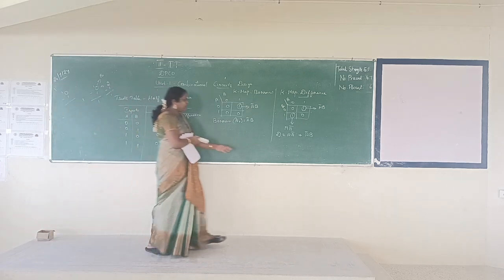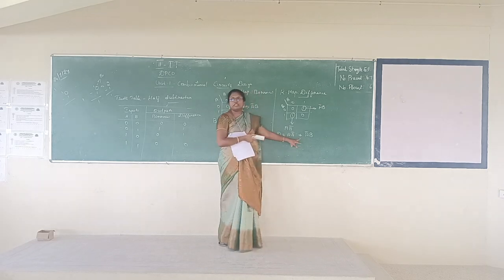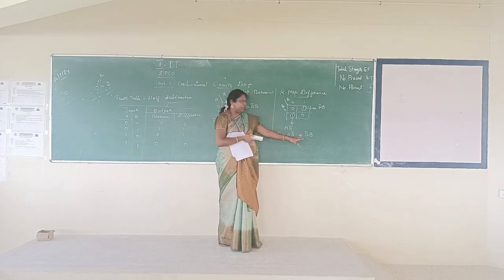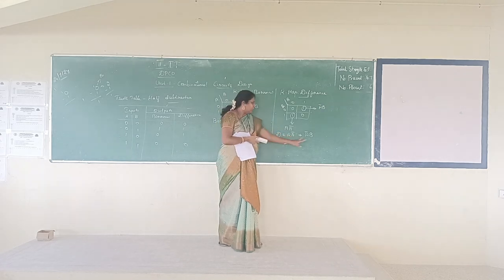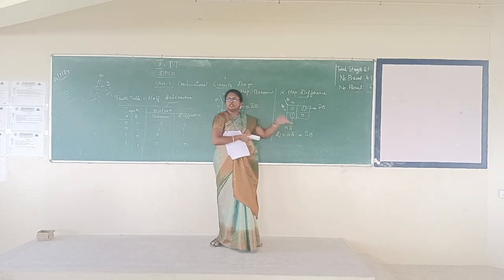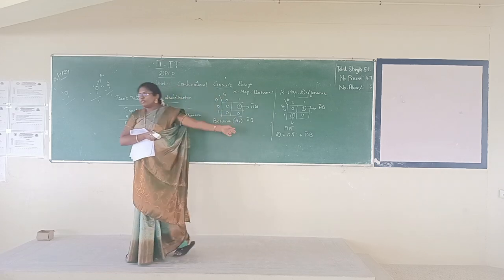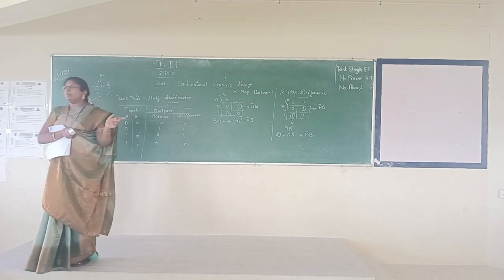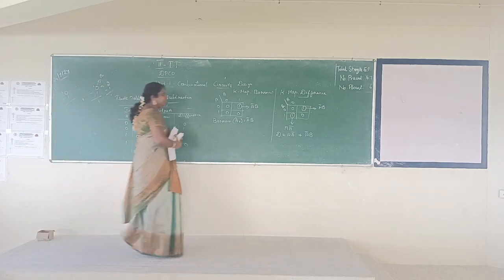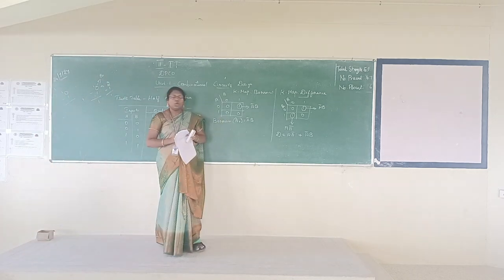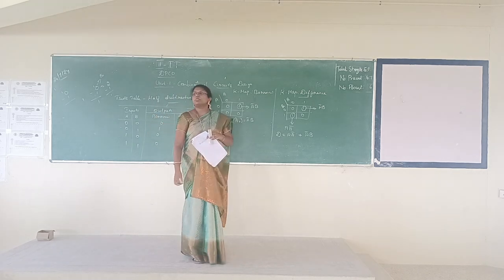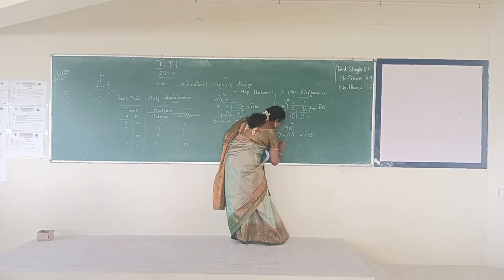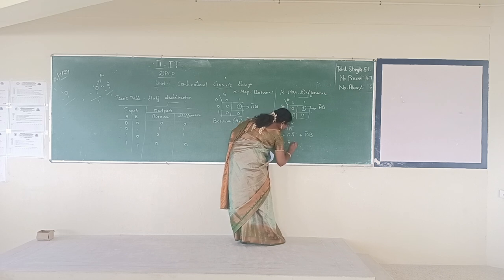The final answer should always be in the form of SOP, sum of products. When you subtract, the final answer should not have a minus sign; it should always be in the form of SOP, that is sum of products. Then this is of the form A B bar plus A bar B, which is A XOR B. So difference will be A XOR B.